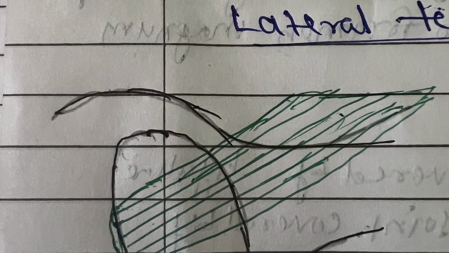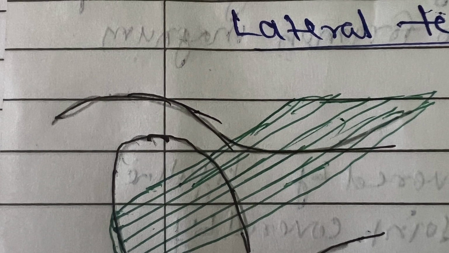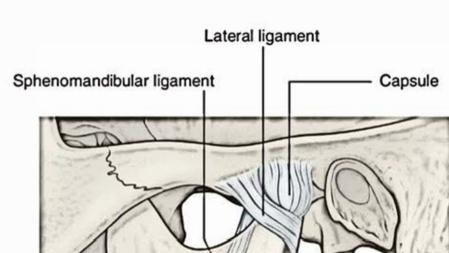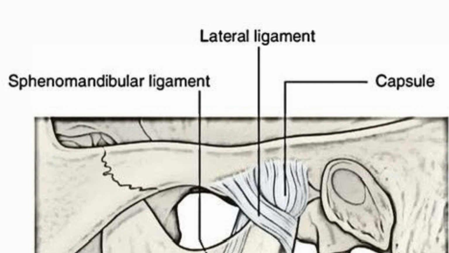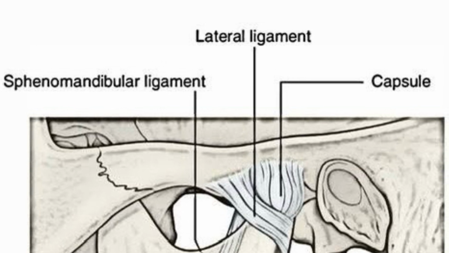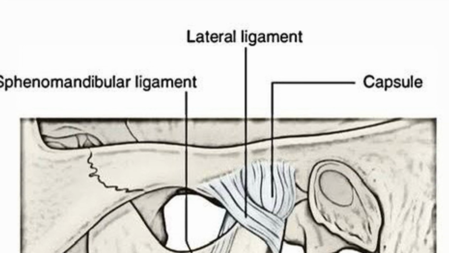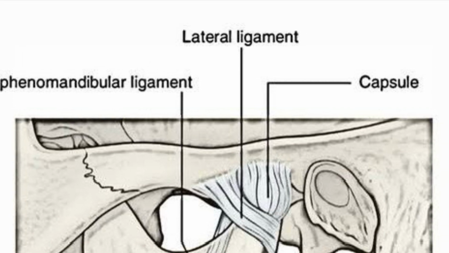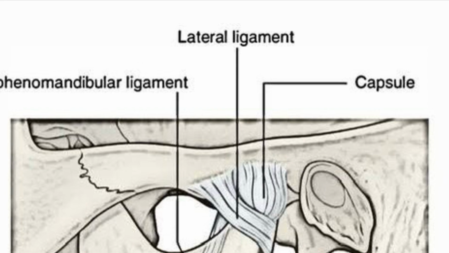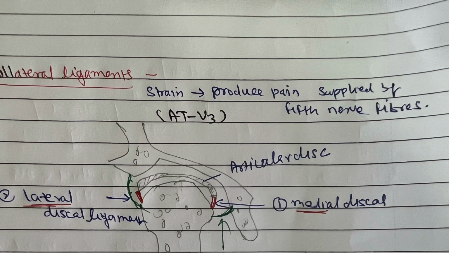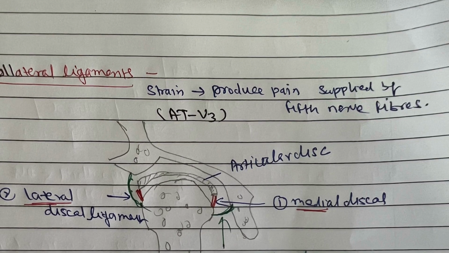This ligament prevents posterior dislocation of the joint. So this strong ligament prevents posterior dislocation of the TM joint, and this is also the main ligament of the TM joint.